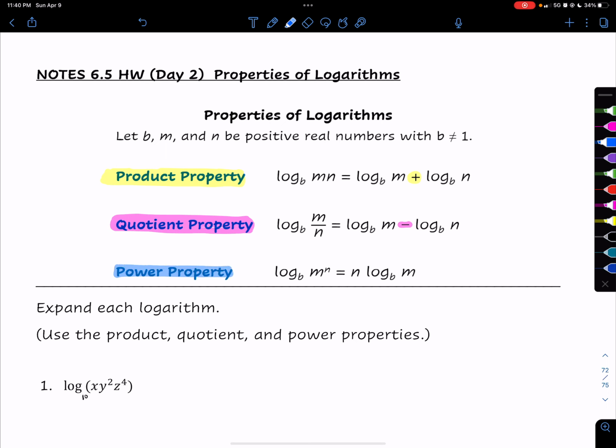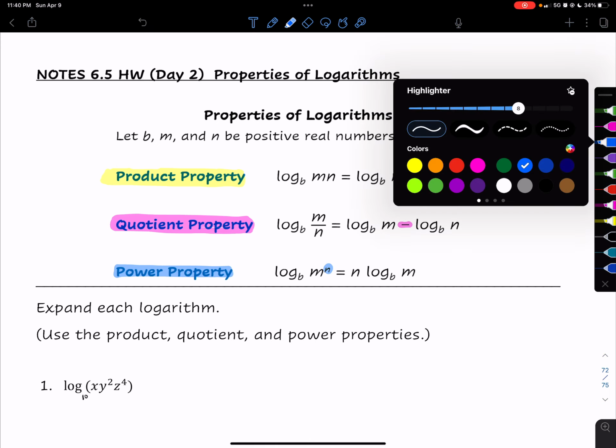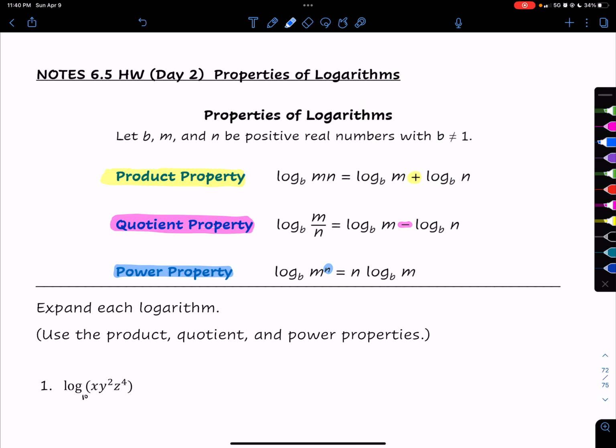Okay, because remember it's log-based argument. When I have that property, what I'm going to do is take that value that we have as that exponent on top of the argument, and we are going to move it right in front of the log term. Okay. So those few pieces here, again, product property goes with addition, quotient property goes with subtraction, and power property, we are going to be moving that extra exponent.